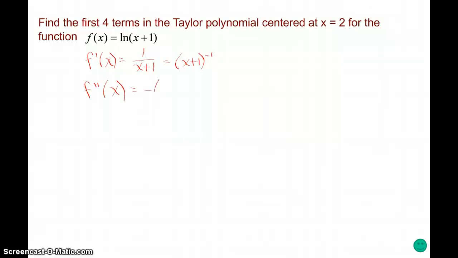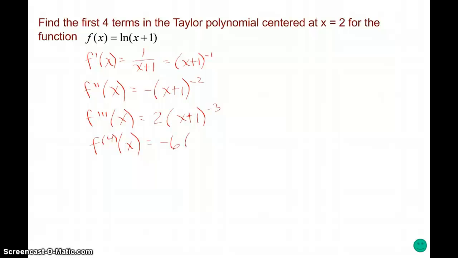Second derivative, negative pops down front, reduce it by 1. Third derivative, negative 2 pops down front, reduce it by 1. And fourth derivative, negative 3 pops down front, reduce it by 1. Let's evaluate it at x equals 2.